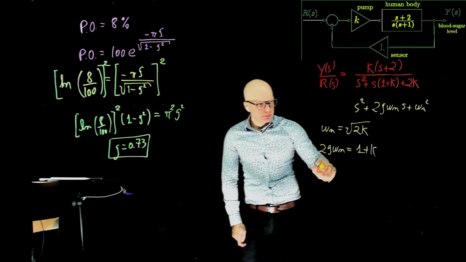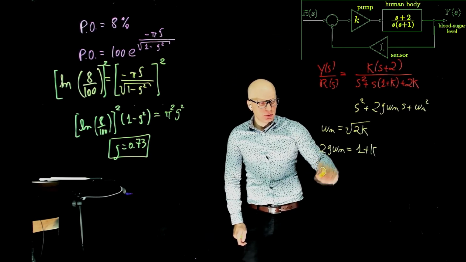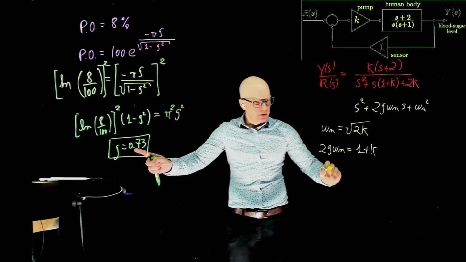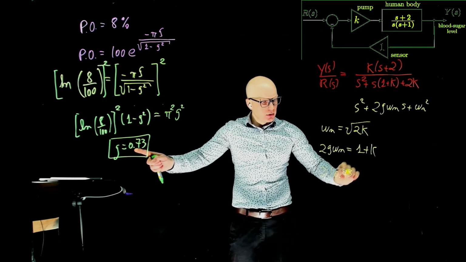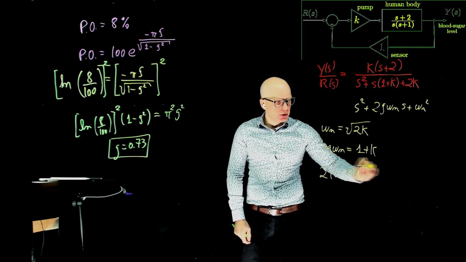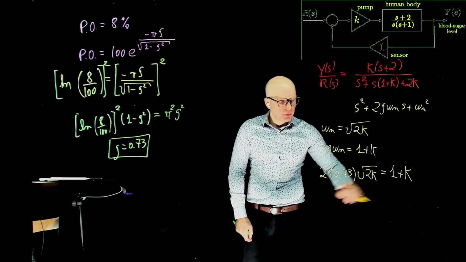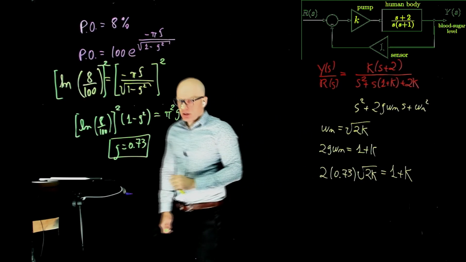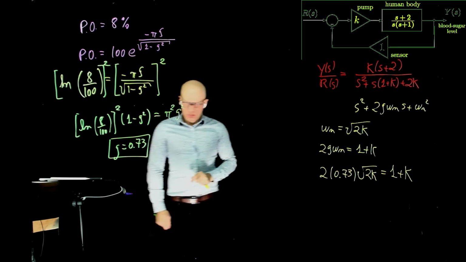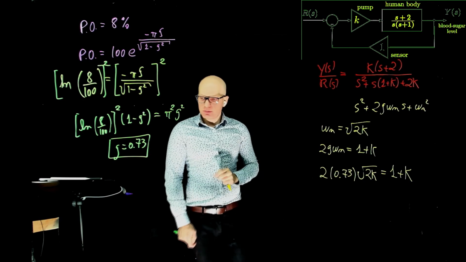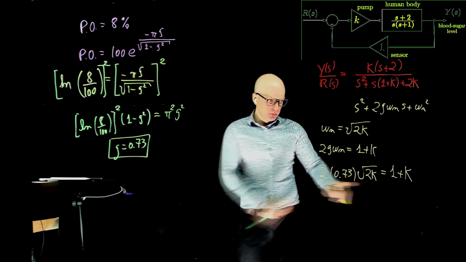And we have now 2 times zeta 0.73 times omega n, the square root of 2k, equals 1 plus k. You see here that the only thing left in the equation is k. This will give a second order polynomial.